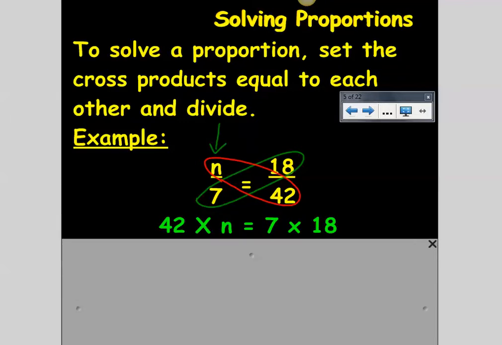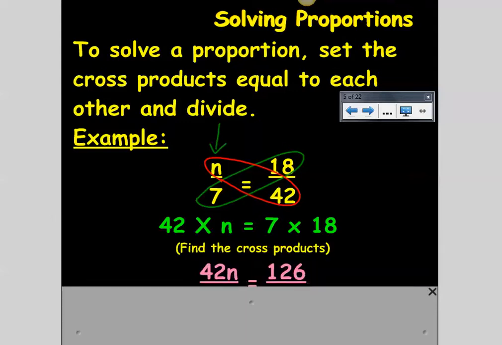So don't worry, I'm not going to expect you guys to do that math without a calculator. So what I have written on here is I'm going to find the cross products, which means that I have 42n equals 126. Remember, 42n I can write without the x as a multiplication symbol. 7 times 18 is 126. Way back in chapter 2, we learned how to solve an equation that looks like this.